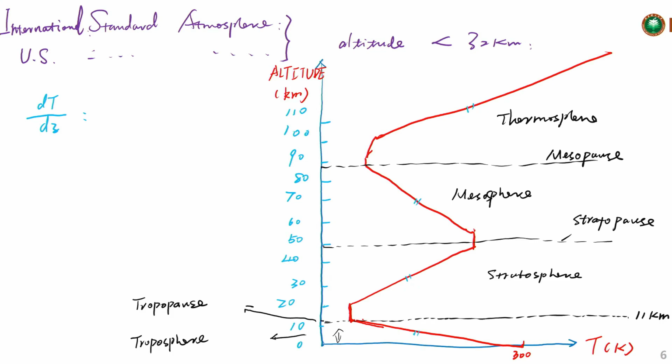It has its own name: the temperature lapse rate. For the troposphere, the temperature lapse rate is around 6.5 Kelvin per kilometer. It should be negative, because the temperature decreases with increasing altitude.